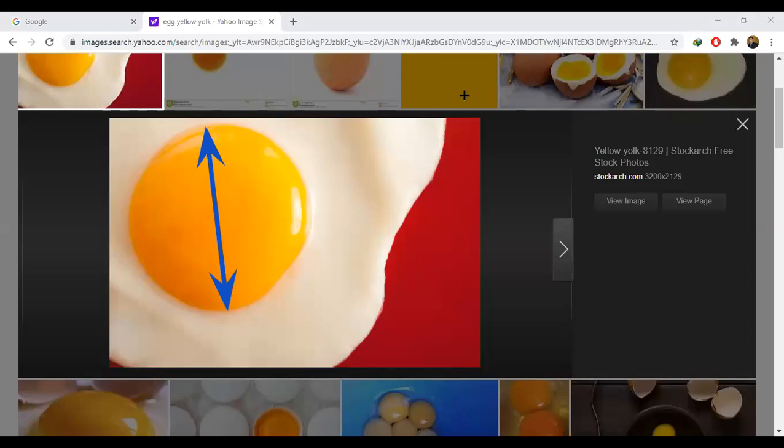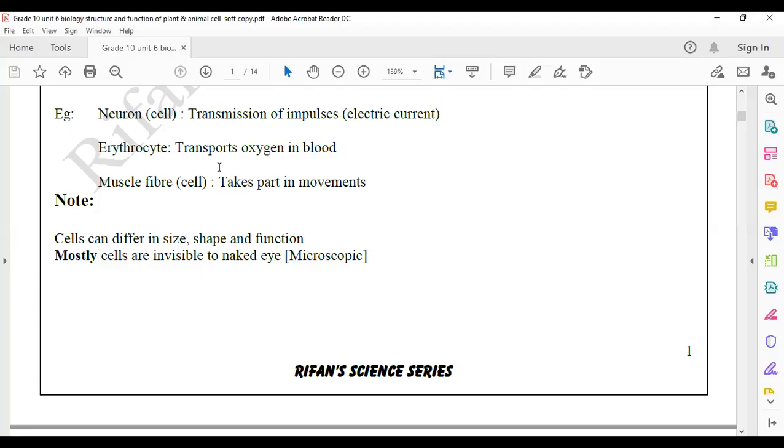Yes, it is taken as a single cell. Understood? Now tell me, is it true to say all cells are not visible to the human naked eye?